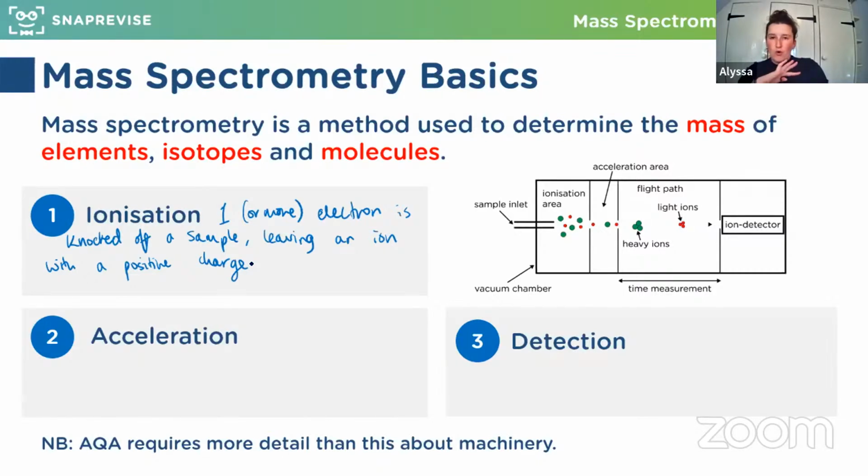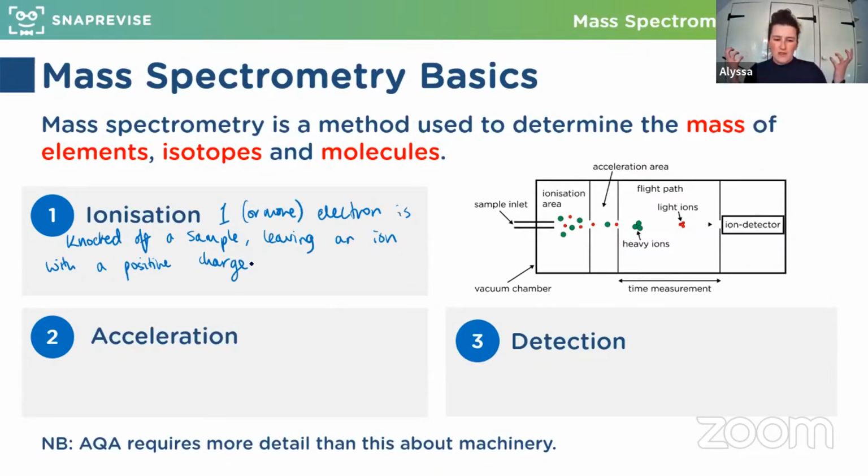This is for A2 content, but what can be an issue, or sometimes useful, with knocking electrons off and destabilizing molecules? What can happen in mass spectrometry? It doesn't happen with elements or isotopes, but if you've got a molecule and you knock an electron off, so you destabilize it, what can happen to the molecule?